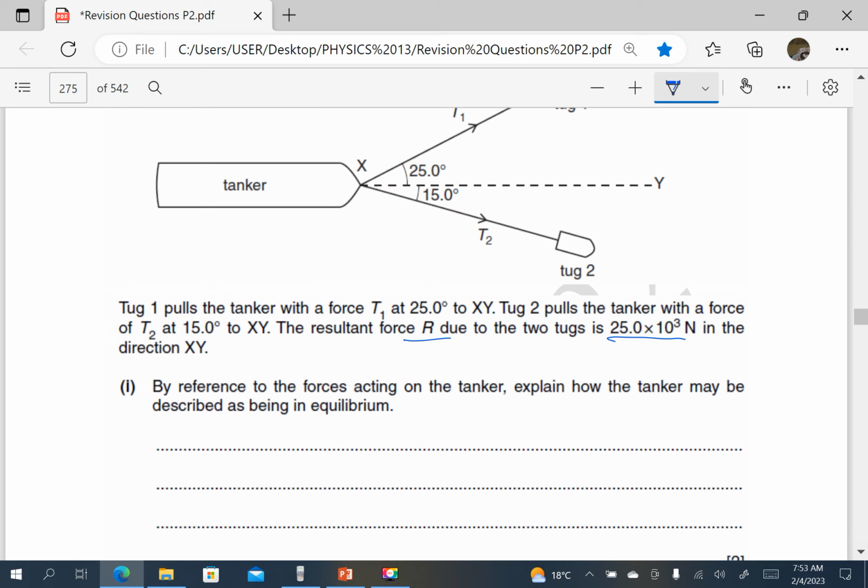Since it moves at constant velocity, the sum of T1 and T2 is equal and in opposite direction to the frictional force.